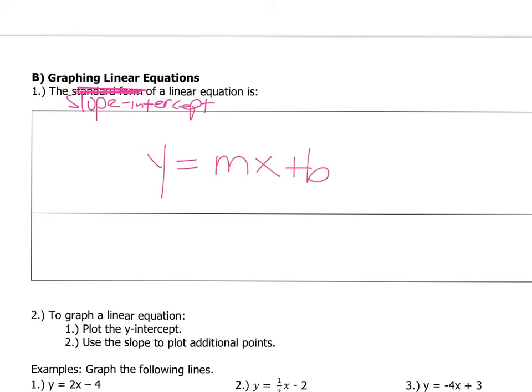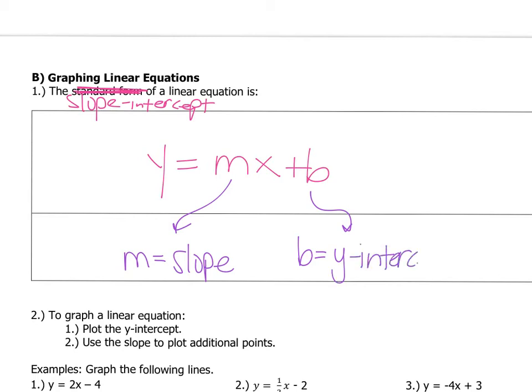Again, that's the slope-intercept form of a line. That variable m represents our slope, and then b is our y-intercept. And you might remember that y-intercept is where the line crosses the y-axis.